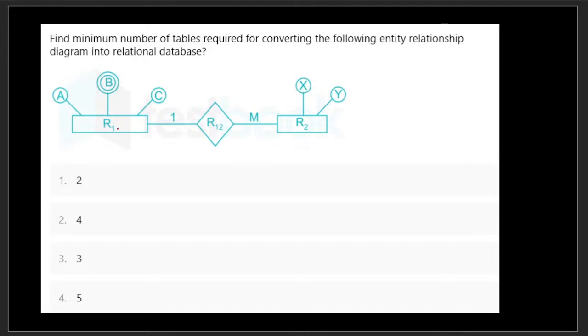So this is the easy one. You all can answer. I will correct if someone gives a wrong answer, and I'll appreciate if someone gives the correct answer. This is entity R1, and the relation is one to many. You all know the constraints of one to many. So in one to many, how many tables are there?